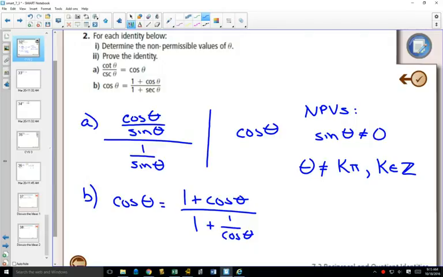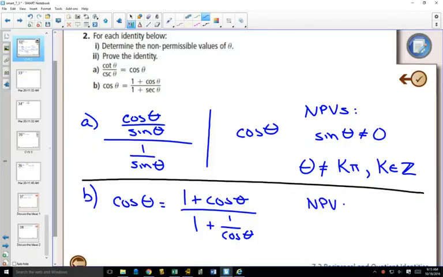What are things that can't equal 0 for this one? Where are we dividing? Cos theta can't equal 0, so that's one of our non-permissible values. Cos theta can't equal 0.